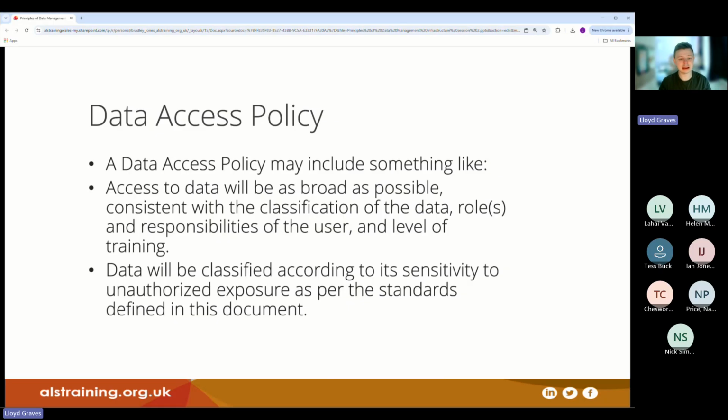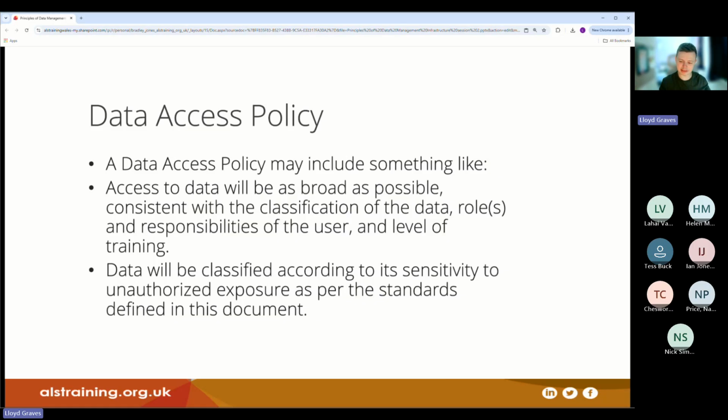And then it's going to be the same for all of these different types of policies, but I'll go through them all. So it's the same with access. Like I say, access to data will be as broad as possible. Normally with data access, data is classified into different categories. So you'll have data that's really confidential, really private data, versus data that's not to the same sort of standard.